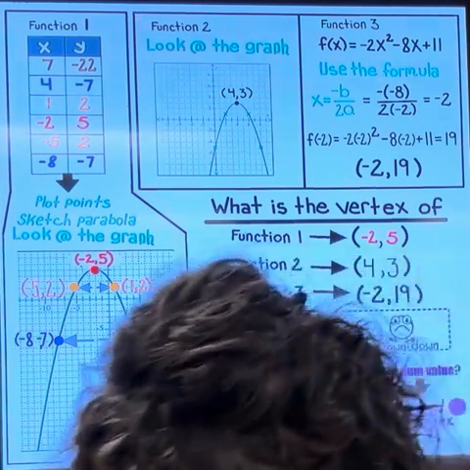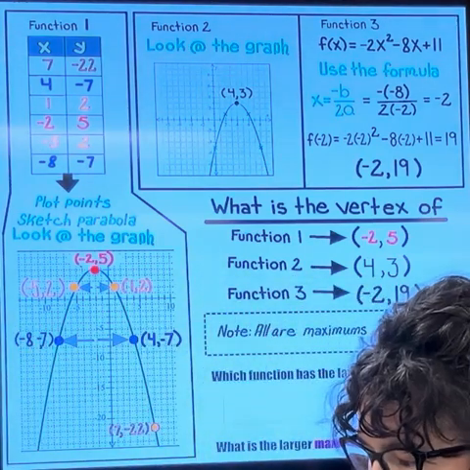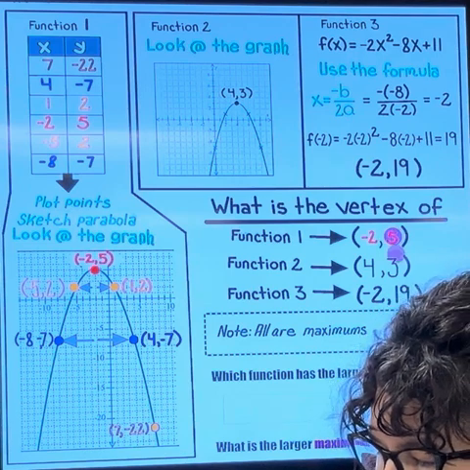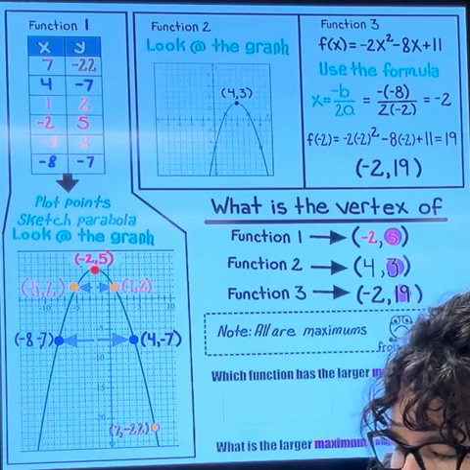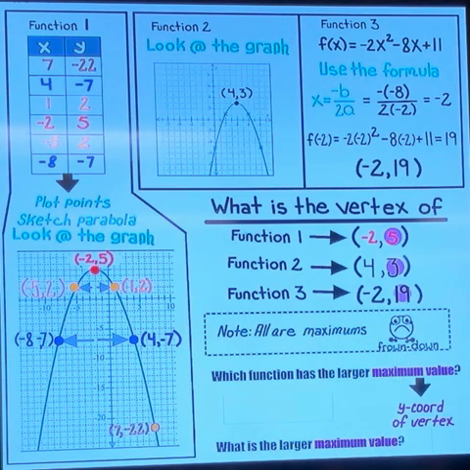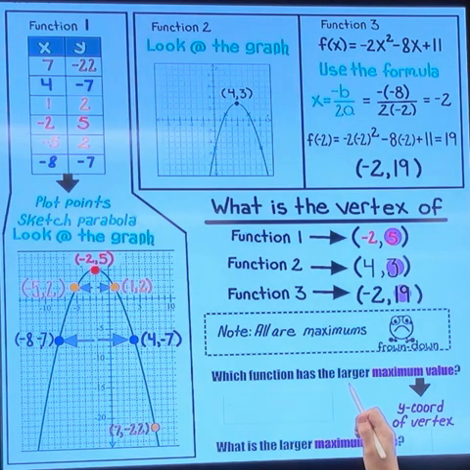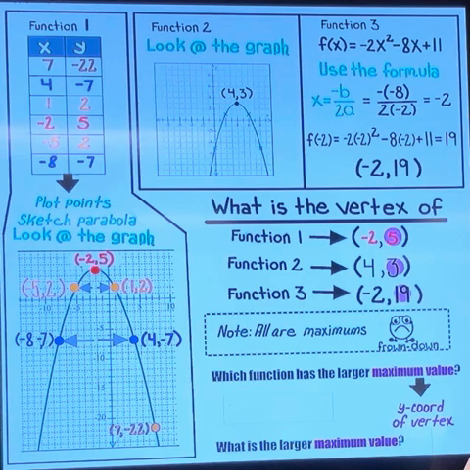So if we compare all of the y coordinates of these vertices, this one is 5, this one is 3, and this one is 19. The word larger: any number that's further to the right on the number line is a bigger number.